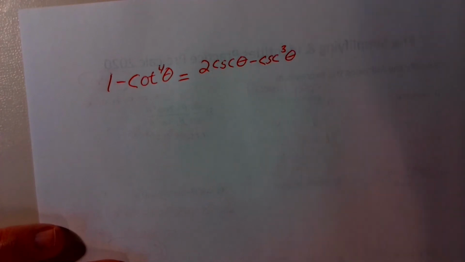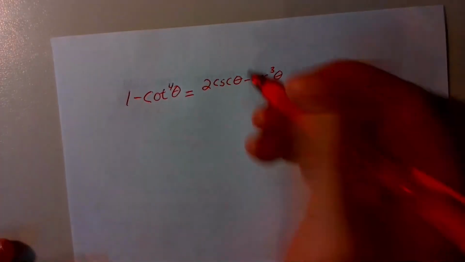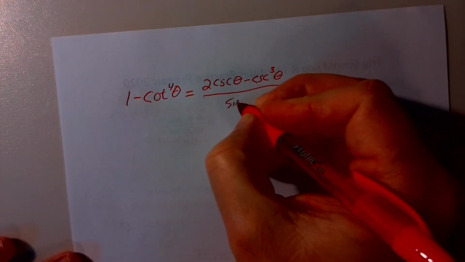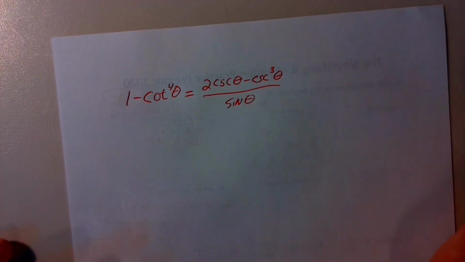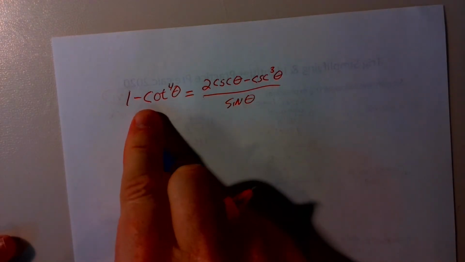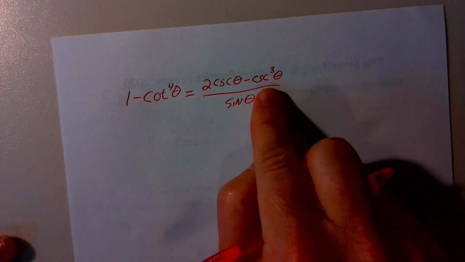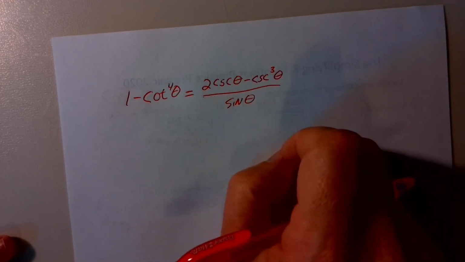There we go, looking just like that, right? Let me move my camera here a little bit for you. And that's all divided by sine theta. Okay, so you might think that this one's scarier because it's got a degree 4 on it. You might think that this one's scarier because it's got 3 different terms on it.